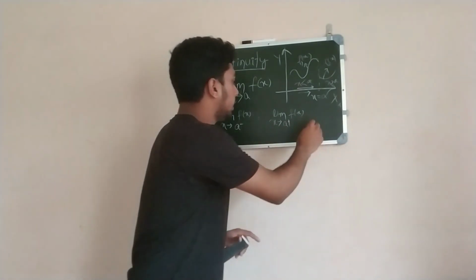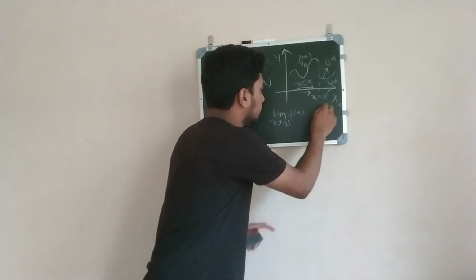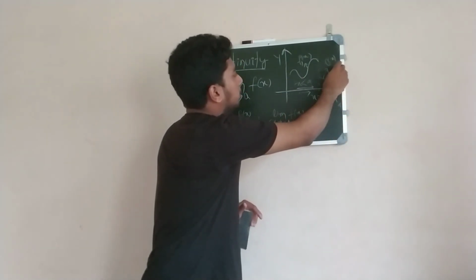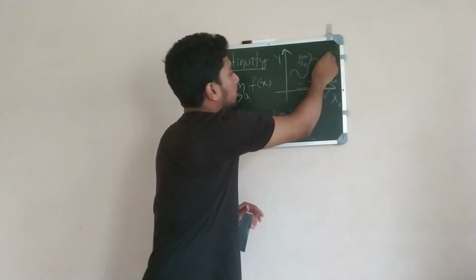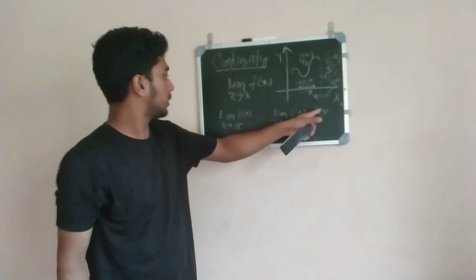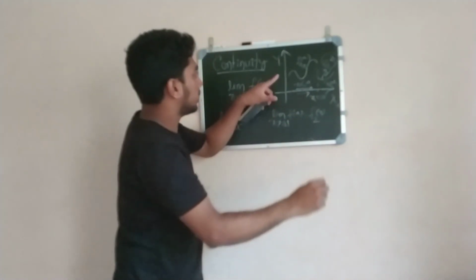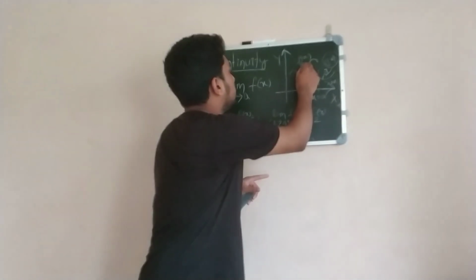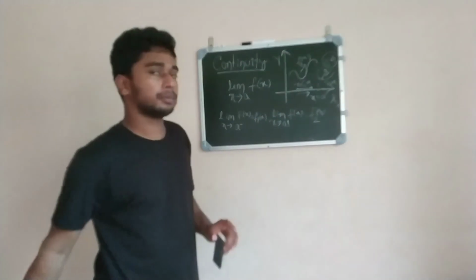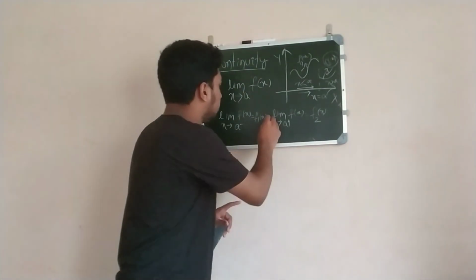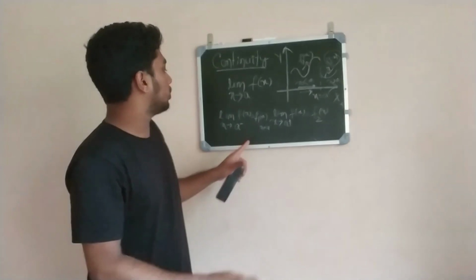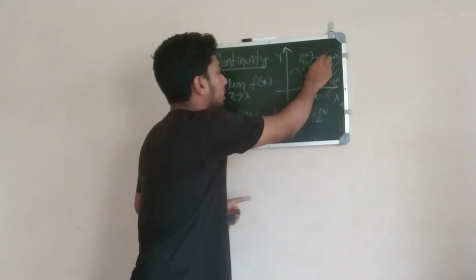Then I will write what this is. If I approach from the right side, I will find f2(x). So this is f2(x). If I approach from the left side, we have f1(x). So f1(x), and I will put x equal to a, because I am already here.